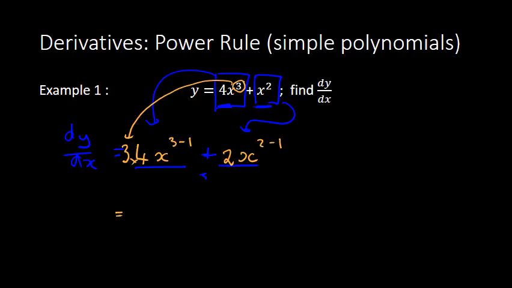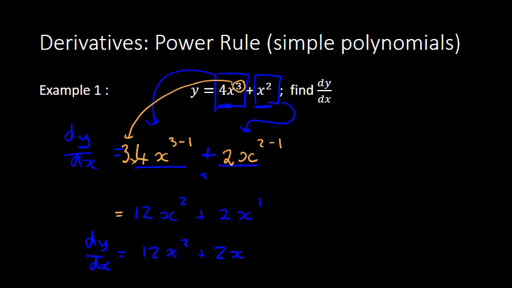So having done that moving, we then rearrange everything and get ourselves 12x squared plus 2x to the 1. Simplifying that, finally, we get a result like that.